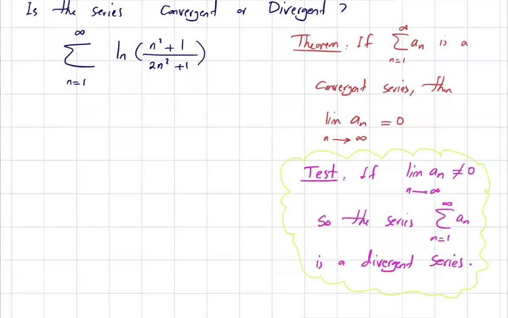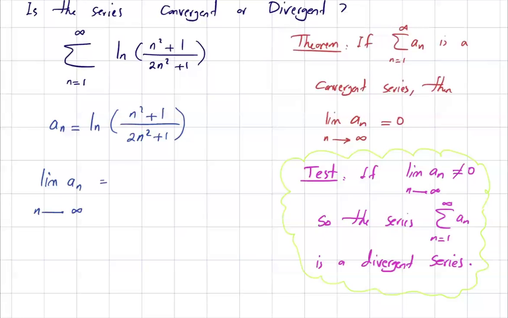So here your an is equal to ln of n squared plus 1 divided by 2n squared plus 1. If I take the limit of an as n goes to infinity, it is the limit of ln of n squared plus 1 divided by 2n squared plus 1 as n goes to infinity.